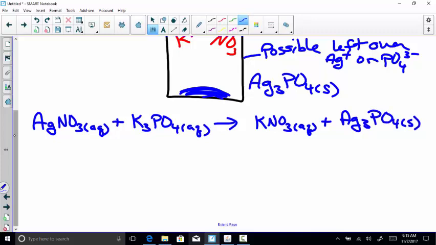And then we need to do a little bit of balancing. So I'm going to need a 3 here and a 3 there, and that should balance me out pretty well.